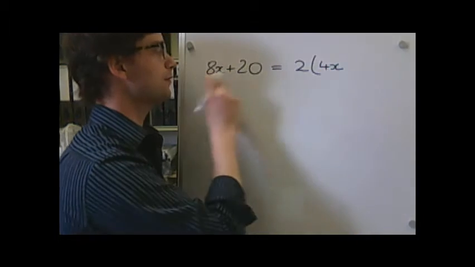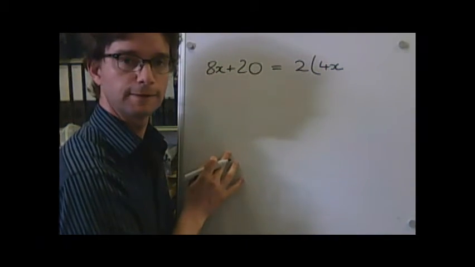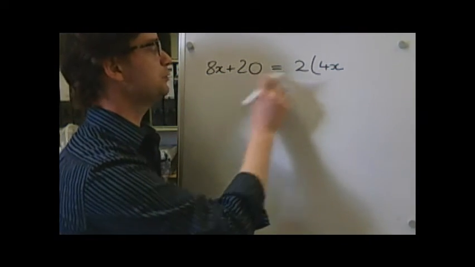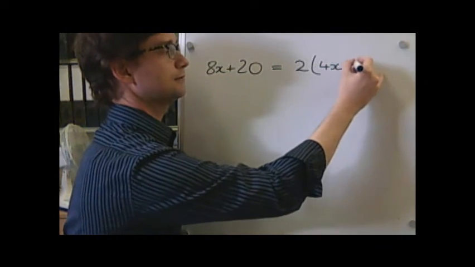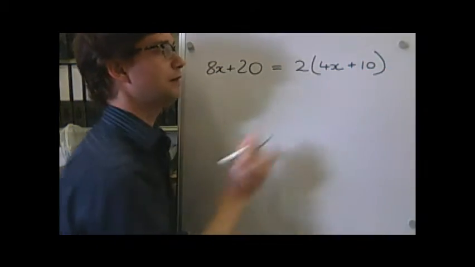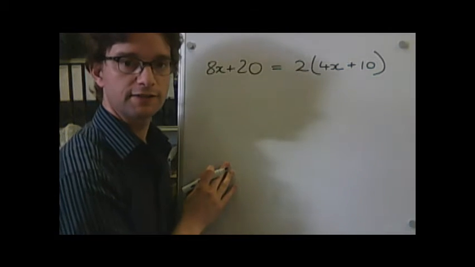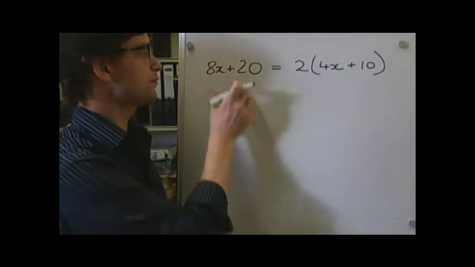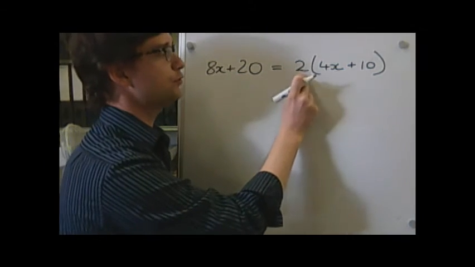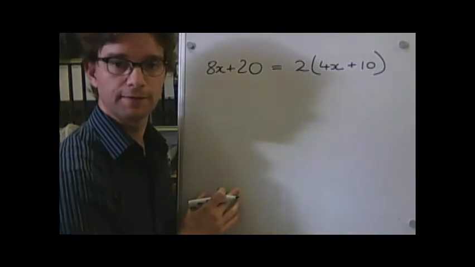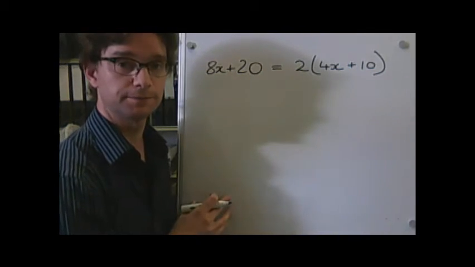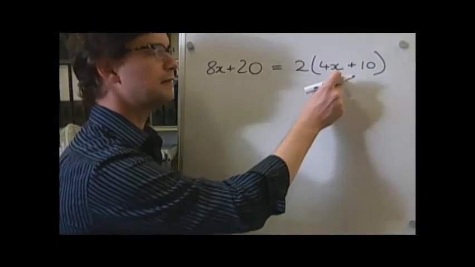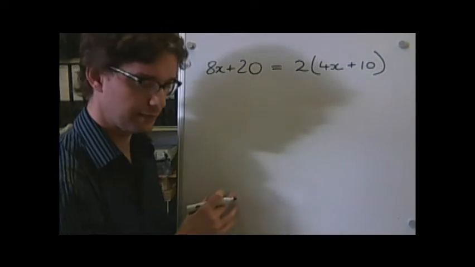Now 2 times 4x is 8x. What do I need to multiply 2 by to get plus 20? Well, quite quickly you might get that I need plus 10. So I've gone from 8x plus 20 into 2 lots of 4x plus 10. I've done a factorisation. I'll come back to this one in a minute.